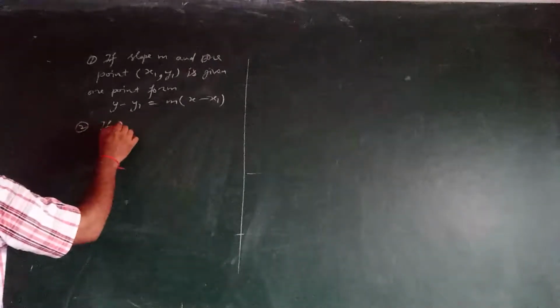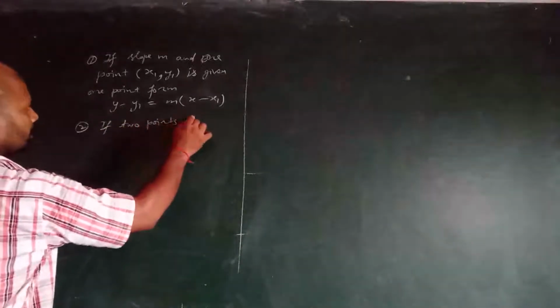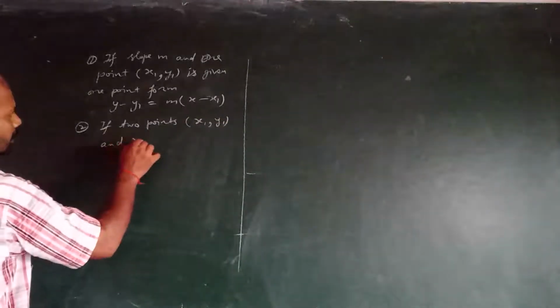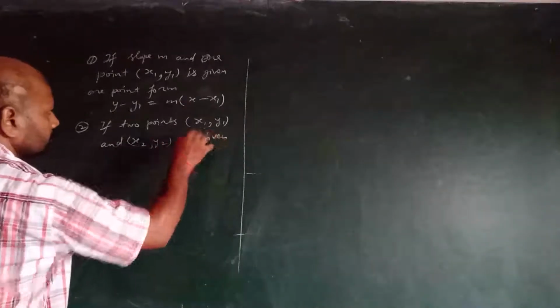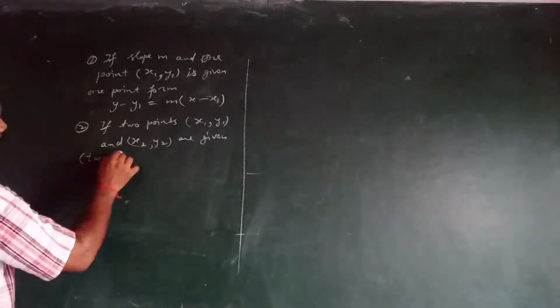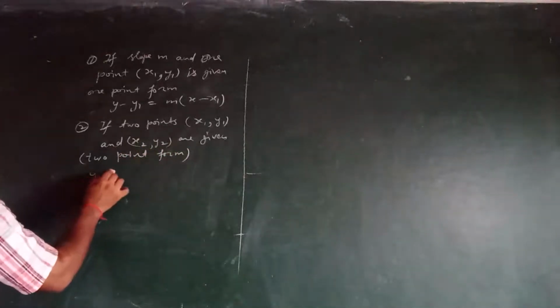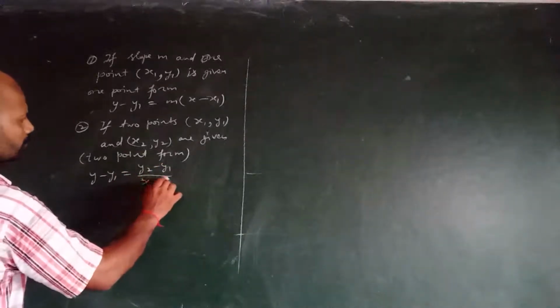If two points x1, y1 and x2, y2 are given, then we use the 2-point form of the equation. This is y minus y1 equals y2 minus y1 upon x2 minus x1 into x minus x1.